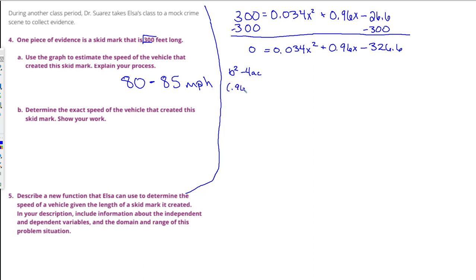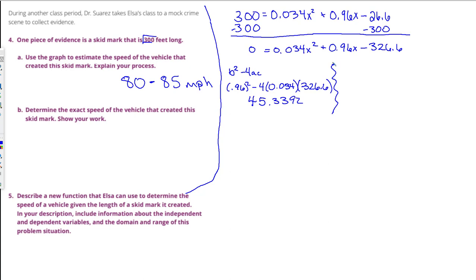So that's 0.96 squared minus 4 times 0.034 times negative 326.6. When I find that number by typing all that in my calculator, I get roughly 45.3392.